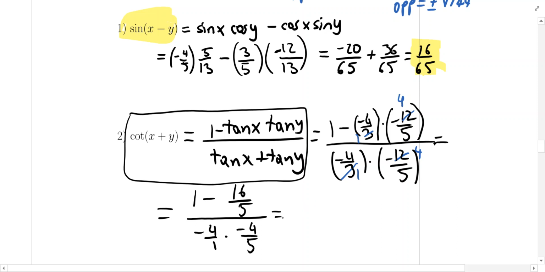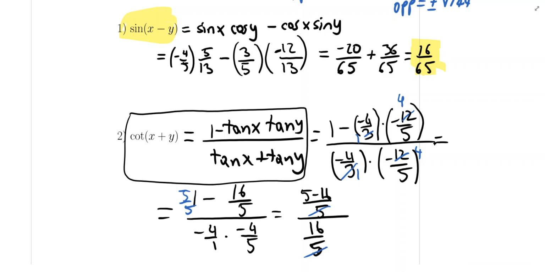So that's going to give me, I'm going to bring it to a common denominator. So this needs a 5. So at the top, I'll have 5 minus 16 over 5, over -4 times -4 is +16 over 5. All right, so this reduces with that one.